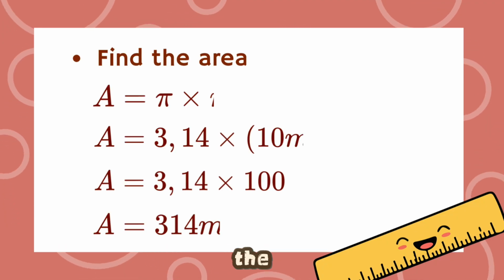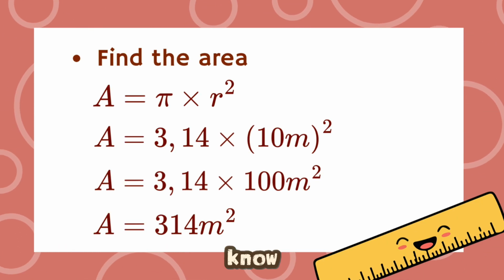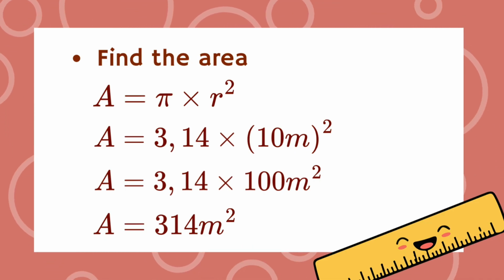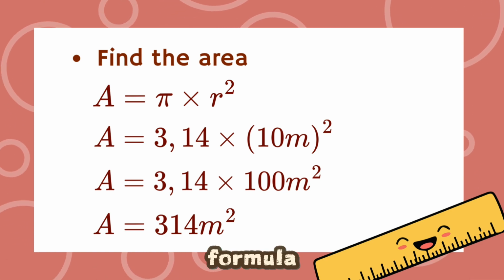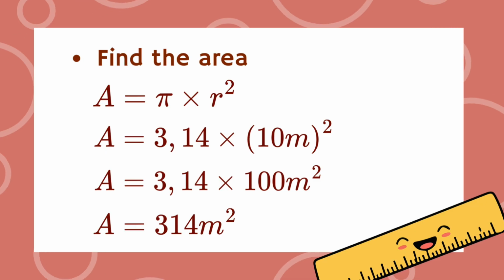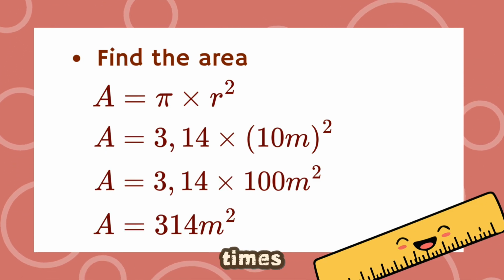The next step is to find the area of the circle using the radius. We already know that the radius of the circle is 10 meters. We just calculated that. The formula for the area of a circle is area equals pi times r squared.